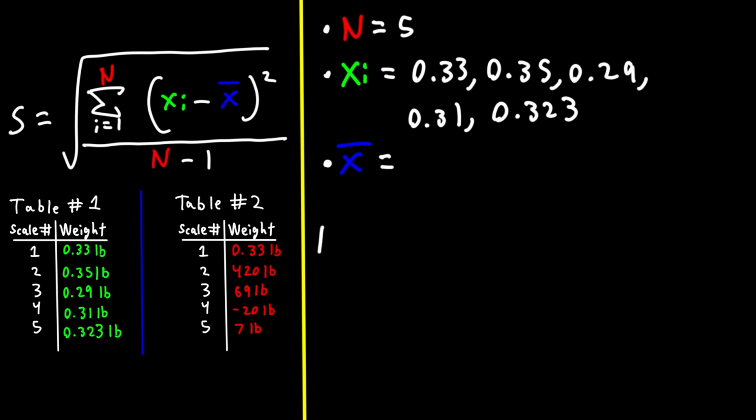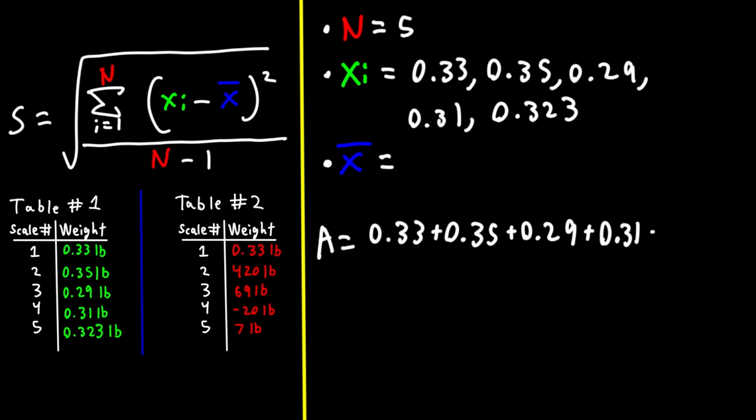So let's solve for the average. 0.33 plus 0.35 plus 0.29 plus 0.31 plus 0.323 divided by the number of measurements, which is 5.